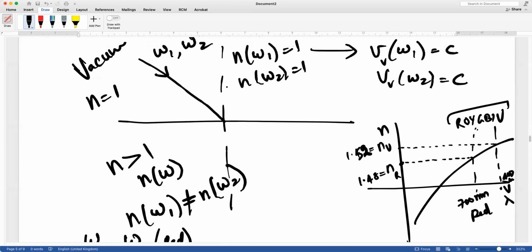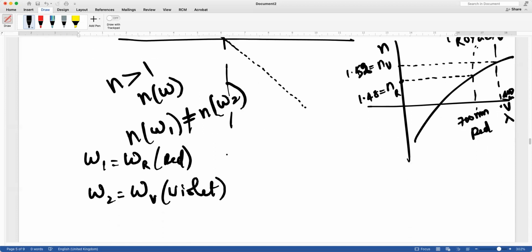So we are going to draw. This is not going to travel along the same path. It is going to bend towards the normal. This is actually the theta I, for example. Now, there are two wavelengths corresponding to omega 1 and omega 2.